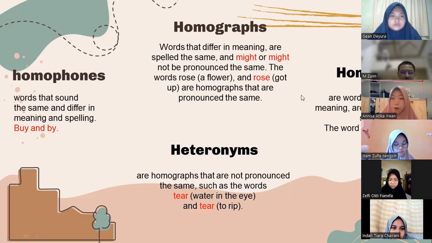So like word rose and rose, there are rose a flower and rose got up, different in meaning, but pronounced the same. But heteronyms are homographs that are not pronounced the same, such as the word tear. It means water in the eye and tear to rip.